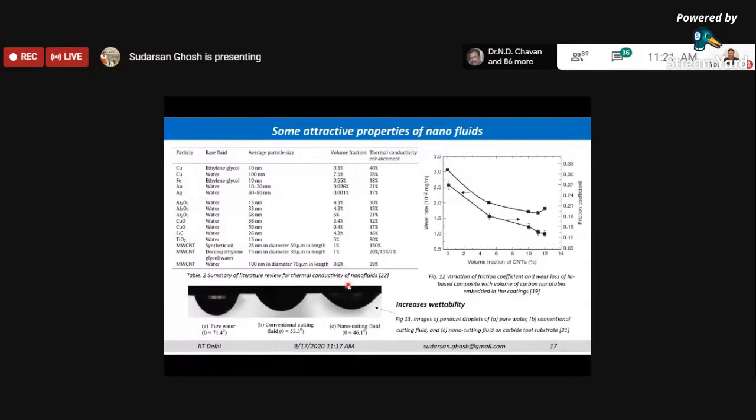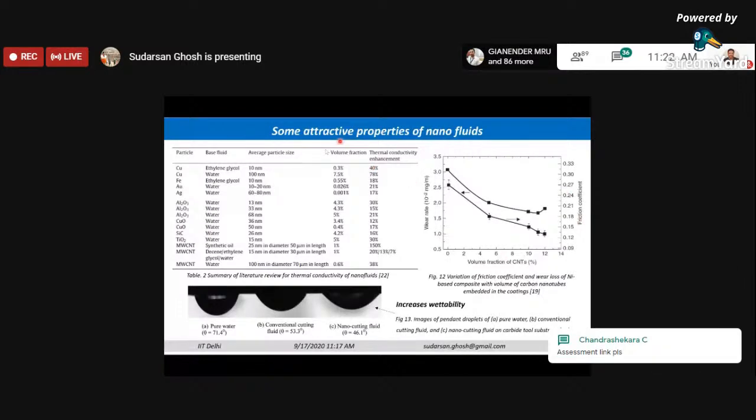We can also use weight percentage, but it is normally reported in terms of volume fraction. And as you can see, even with a very small volume fraction, there can be a good thermal conductivity enhancement.